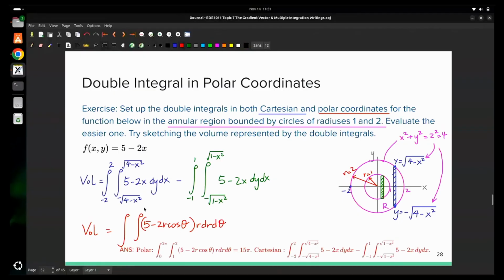So now what about the limit for R? Constants, from R equals to 1 to R equals to 2. Very straightforward. Then the theta limit is the whole annulus. So 0 to 2 pi. So the outer integral has the limits theta equals to 0 to theta equals to 2 pi.